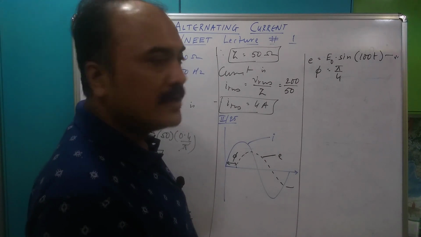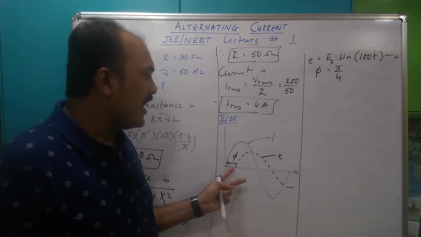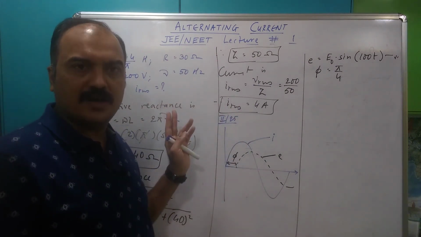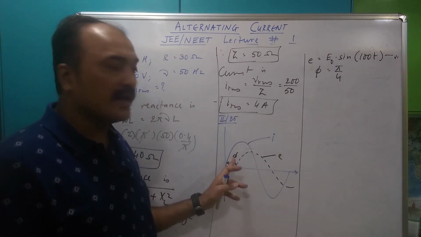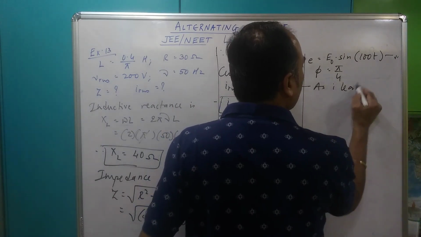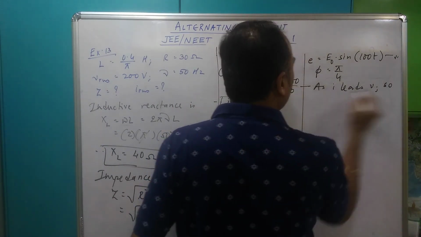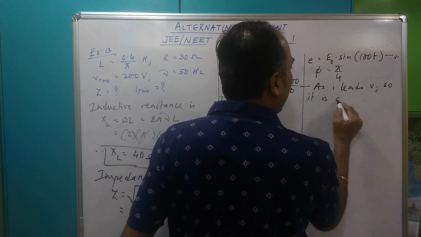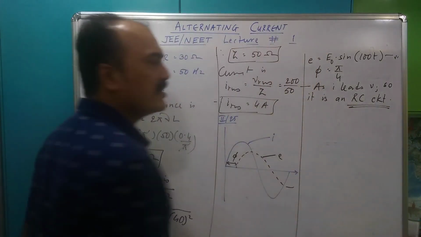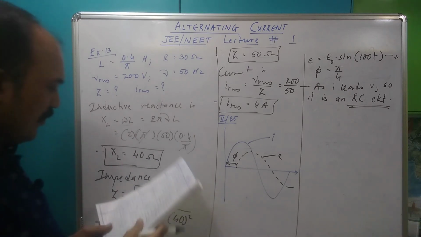Now, this cannot be RL because in RL the inductor is powerful and voltage would have been ahead. But here current is ahead, so as I leads V, it is an RC circuit. No doubt about that. This is RC. So the LC options, they move out.